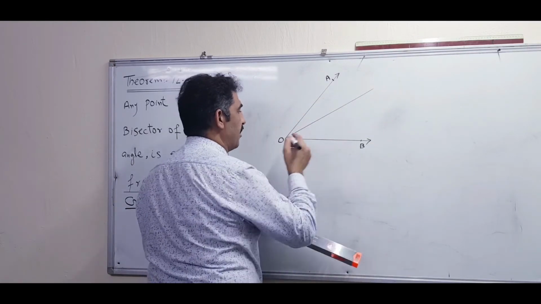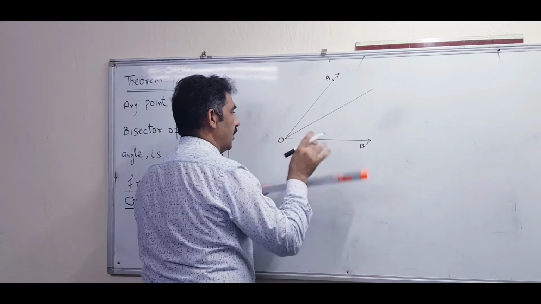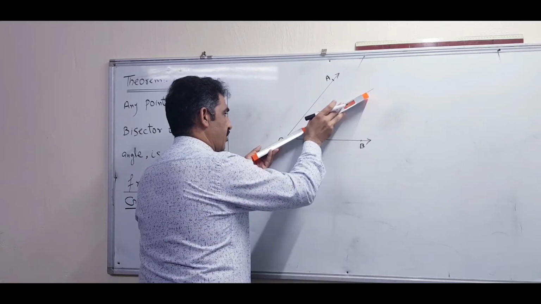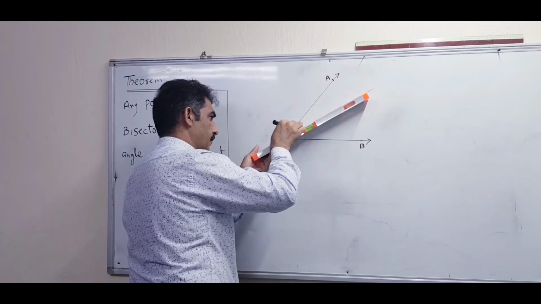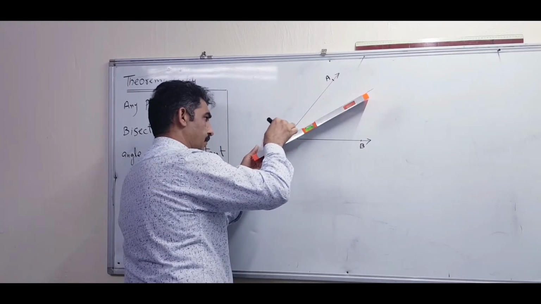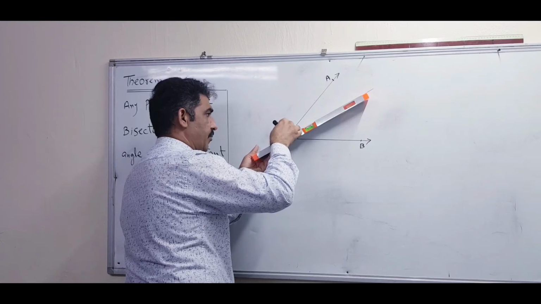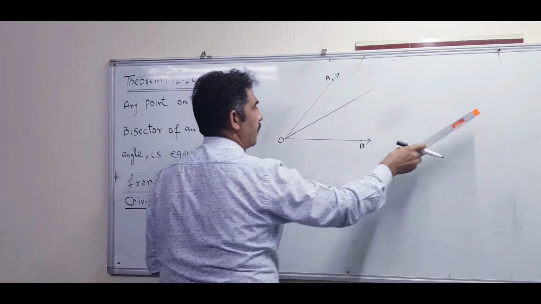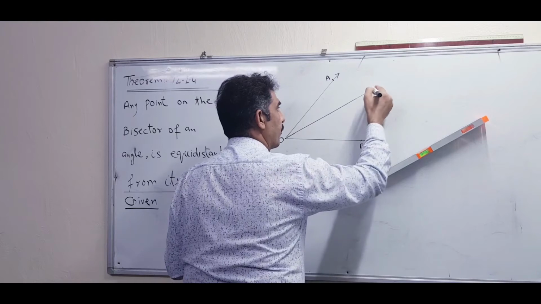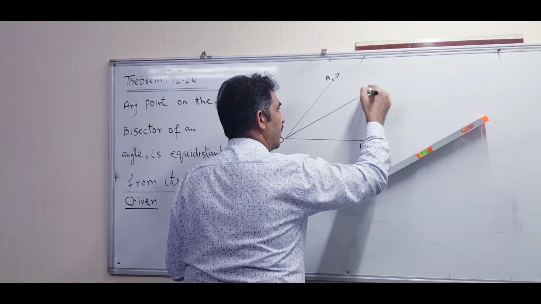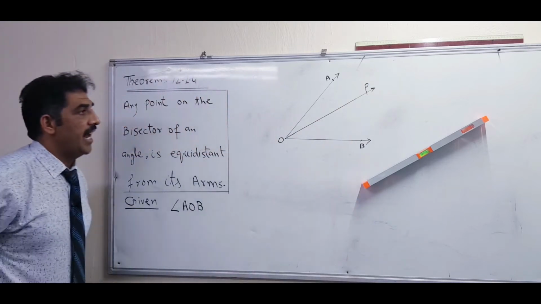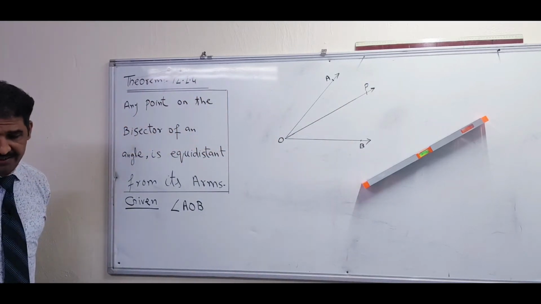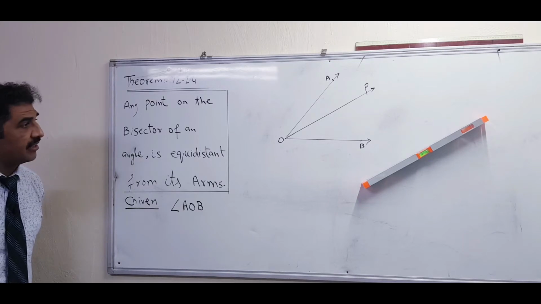If we will write the name of this one, a little bit change the length of the line. Yeah, now it's cutting properly. If we write this point as P, OP is the angle bisector of this angle.